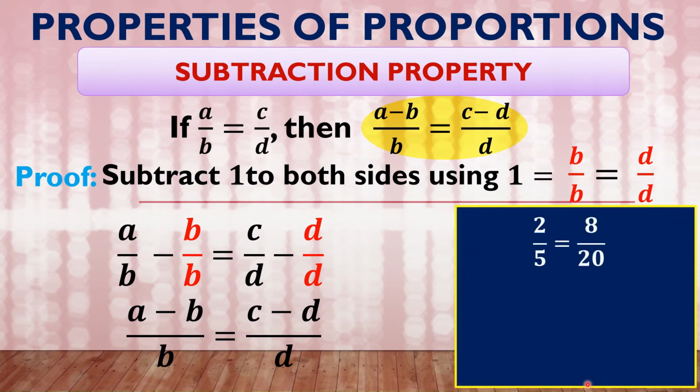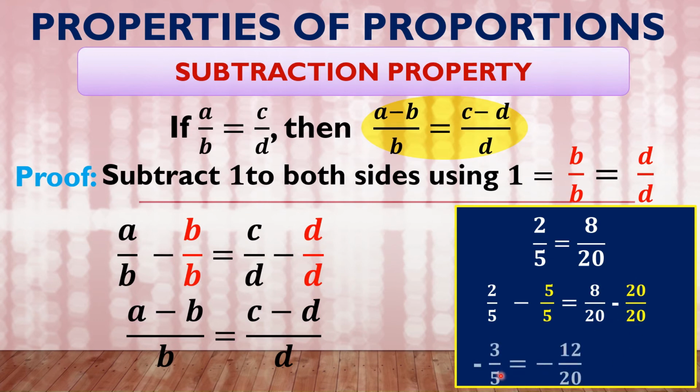So 2/5 is equal to 8 over 20. So just follow the pattern. So 2 over 5 minus 5 over 5 is equal to 8 over 20 minus 20 over 20.